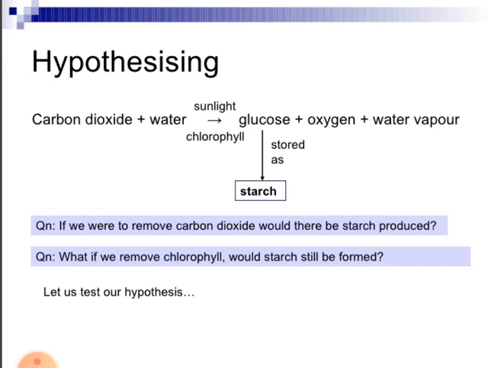Now, if we were to remove carbon dioxide, would there be starch produced? That is the first hypothesis. If this carbon dioxide, which is one of the raw materials, is removed, will starch still be produced?